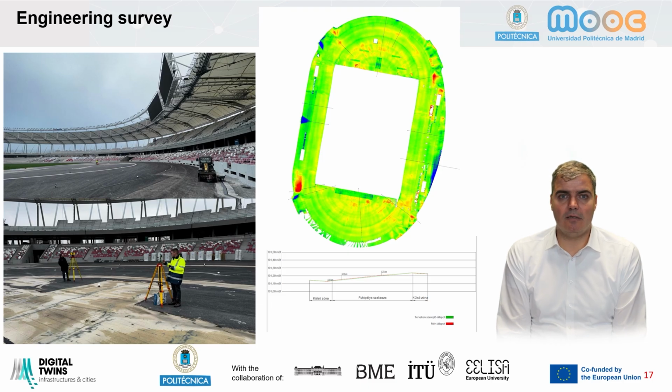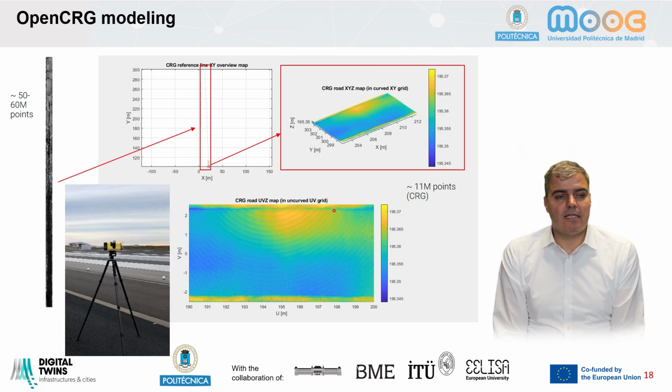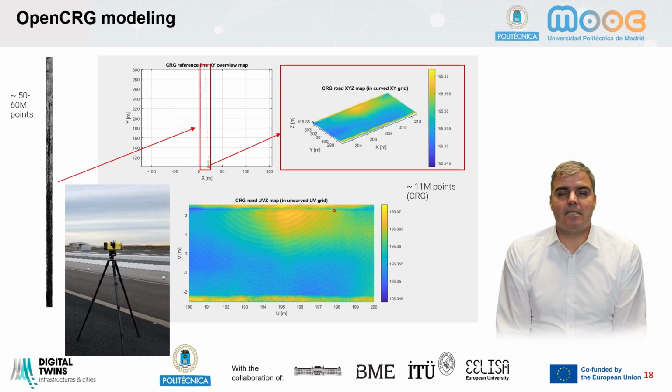The same similar task, with the same accuracy demands, in case of a test track, a road test track in an aquaplaning basin. We created the model of the basin bed of this test track by terrestrial laser scanning, and we derived open CRG models that enabled autonomous driving simulations.